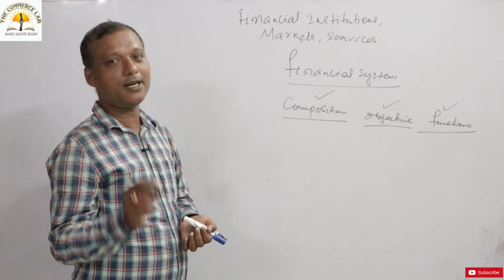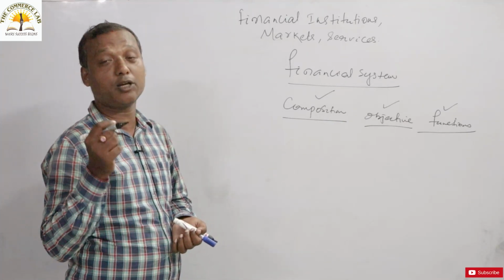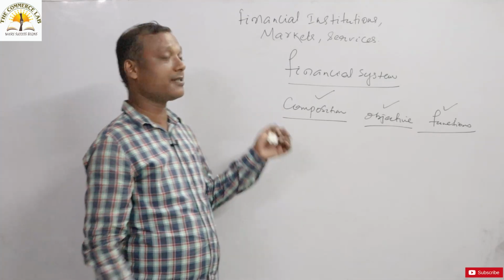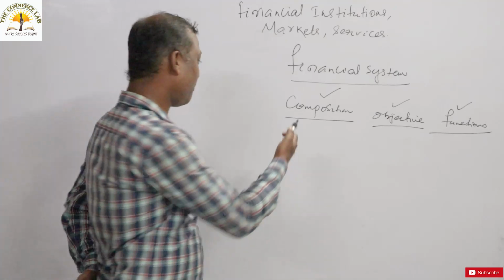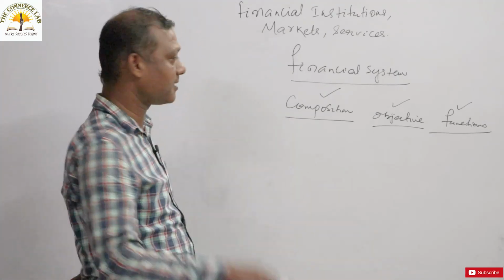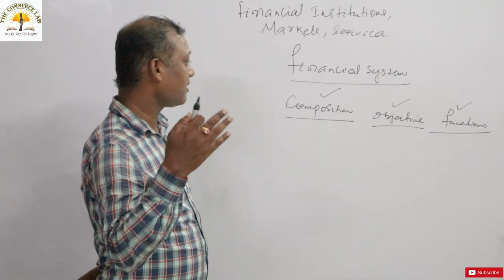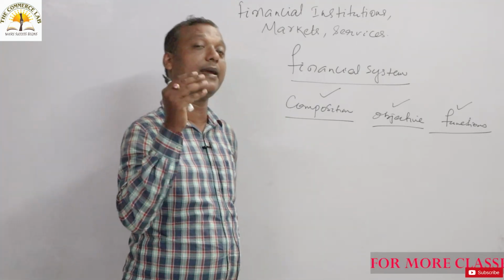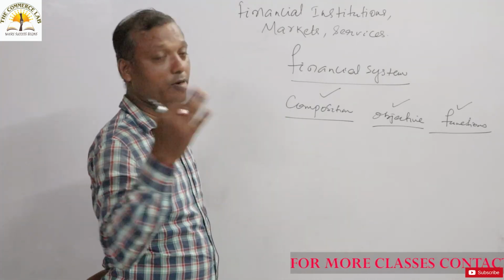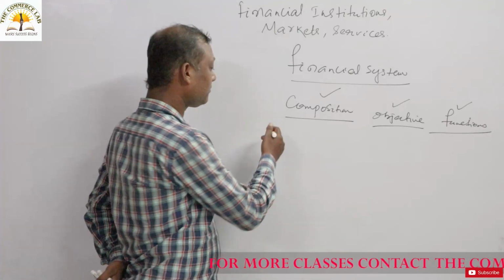I told you that for the smooth functioning of the economic development of a country, the financial system plays an important role. So, let us talk about the composition or the structure of a financial system. The composition of a financial system consists of 4 elements, 4 parts.